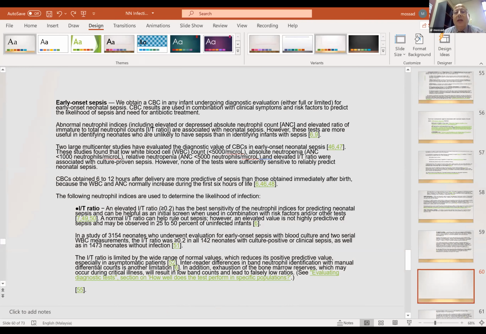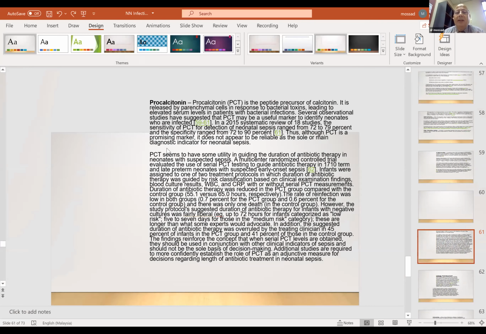I didn't want to overload you with that, but they said it is very, very important. Okay, either with CRP or as an alternative to it to diagnose infection, and it will help us because it usually rises with bacterial infection, especially if you suspect bacterial, and sometimes it can guide us to when to stop the antibiotic.